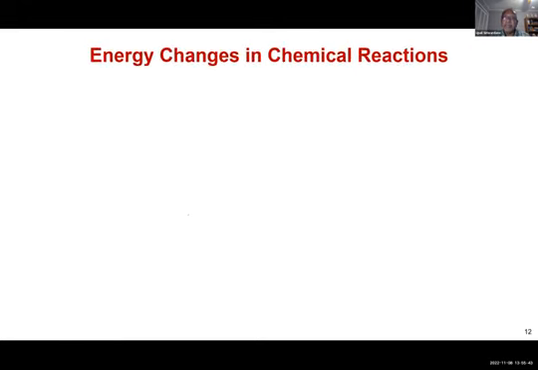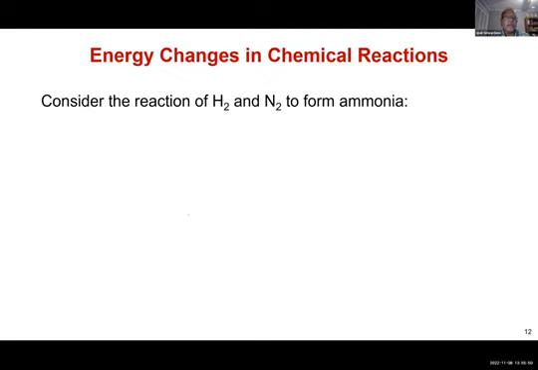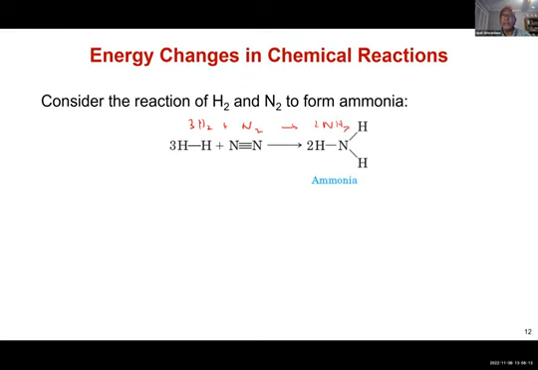Now, energy changes in chemical reactions are important. You can show all these energy changes in an energy diagram. Let's consider the reaction between hydrogen and nitrogen. This is 3 hydrogen molecules plus a nitrogen molecule going into 2 ammonia molecules. I have drawn the Lewis structures for this.